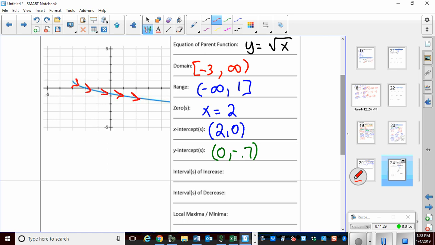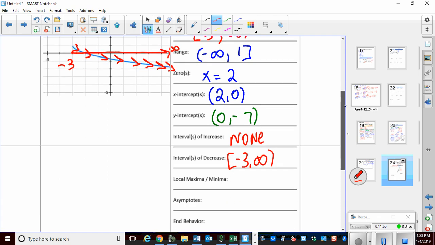It's not increasing at all. So it's the same as your domain. From -3 all the way over to infinity, this is going in a downward direction. So from -3, it's decreasing. There's no increase.